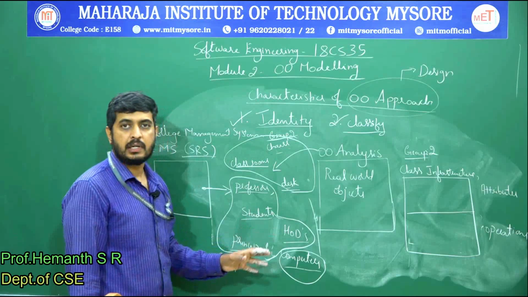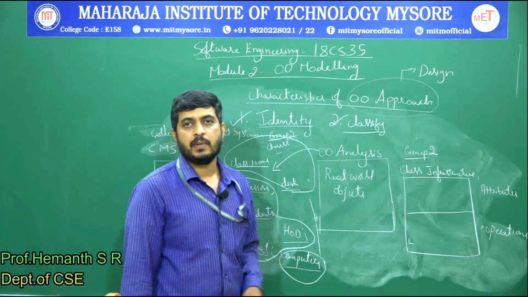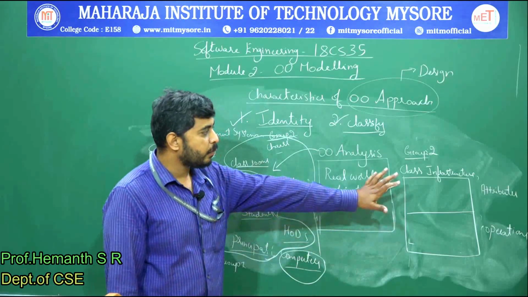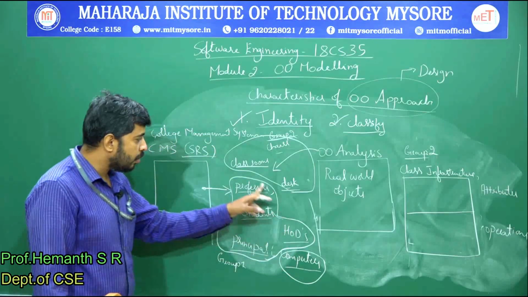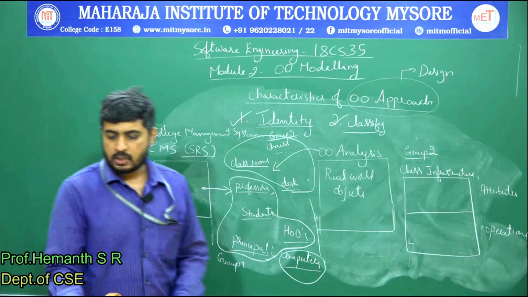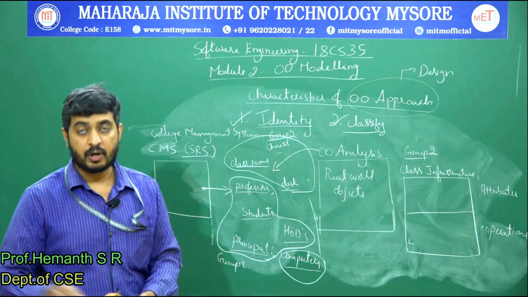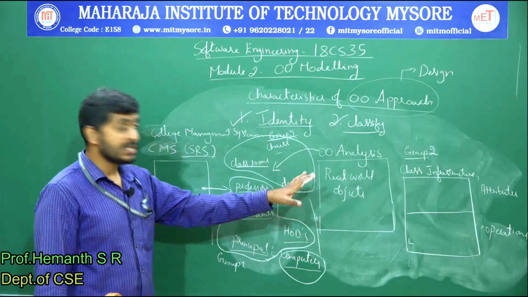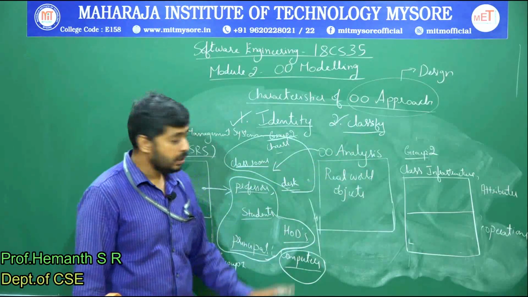Classify them, and once you are done with the classification, give a class label and identify appropriate attributes and operations which are common to all the entities in the group. So this was regarding forming the classes from the group, that is, from the classification.